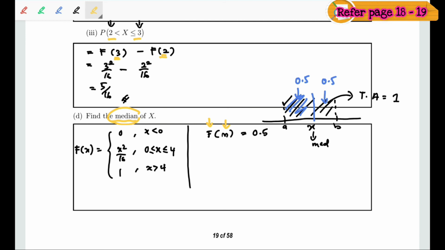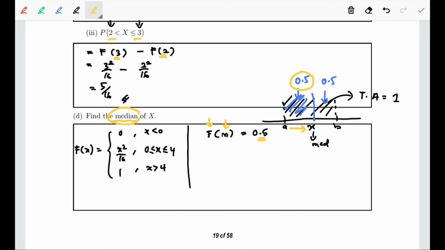Because capital F refers to the cumulative. We want to accumulate from the beginning until what value of x, which is m here, so that the total area is 0.5.